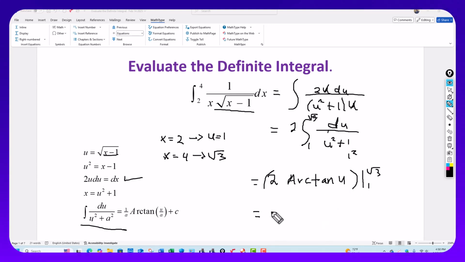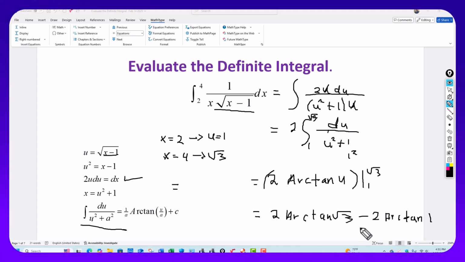So let's do it this way. This is 2 times arctangent of the square root of 3, minus arctangent of 1. So what is the arctangent of the square root of 3?